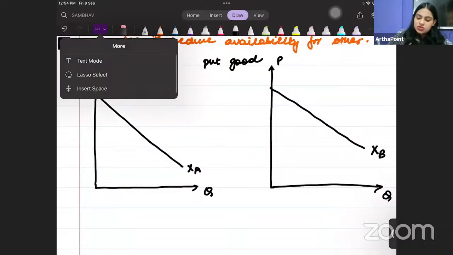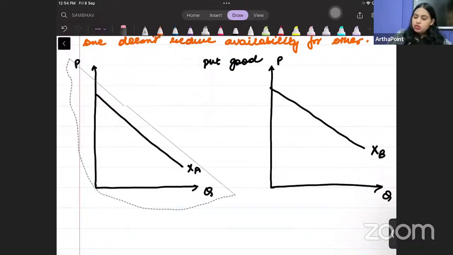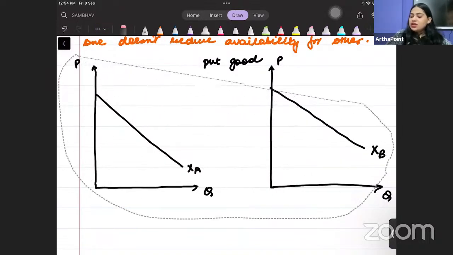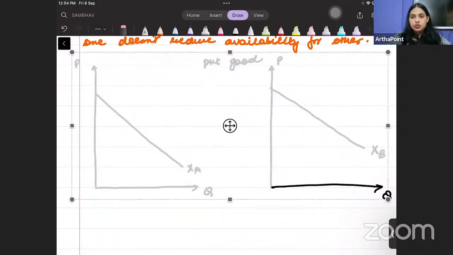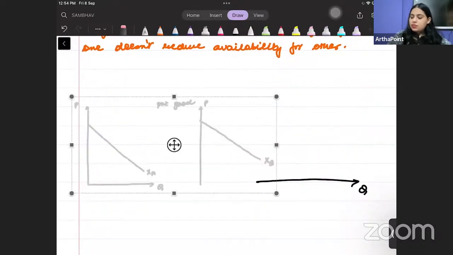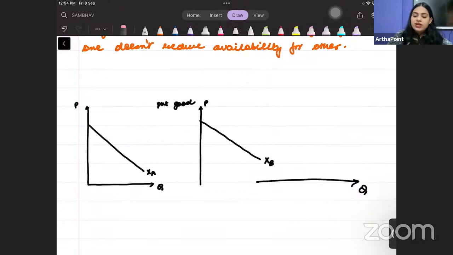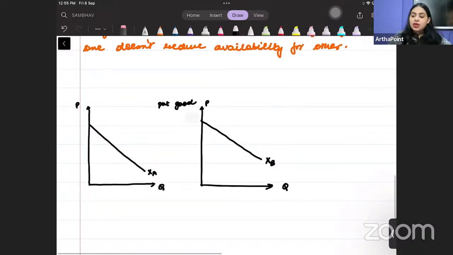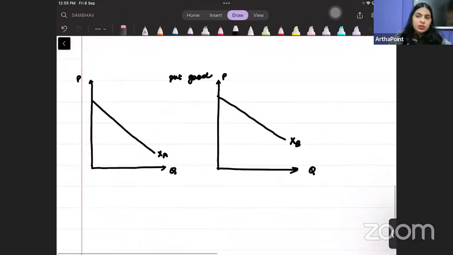Okay, let me make these smaller so that I can show the market demand. These are the demands by different individuals, right? So now I have plotted the demand by individual A and the demand by individual B. Now can you tell me what will be market demand?